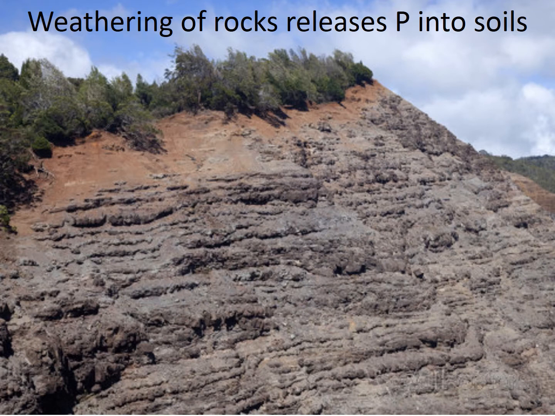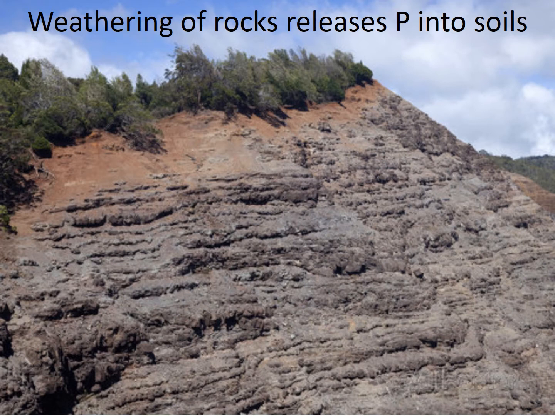What's happening is the soil is forming, and that's weathering down these rocks underneath, and that means that the phosphorus in the rocks is now incorporated into the soil on top of those rocks. So we're taking phosphorus out of the rock reservoir and putting it into the soil reservoir, where it can be used by plants.